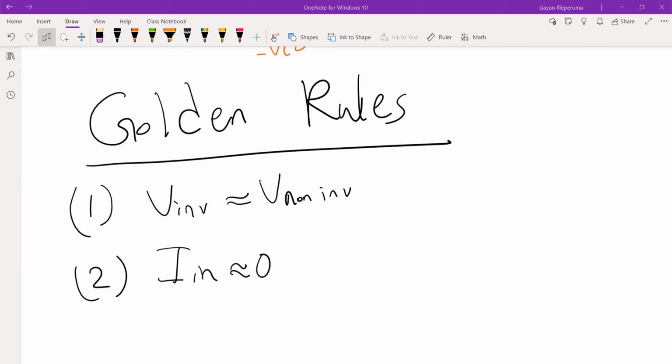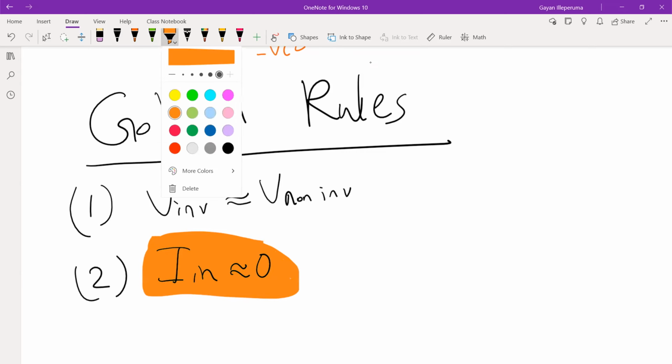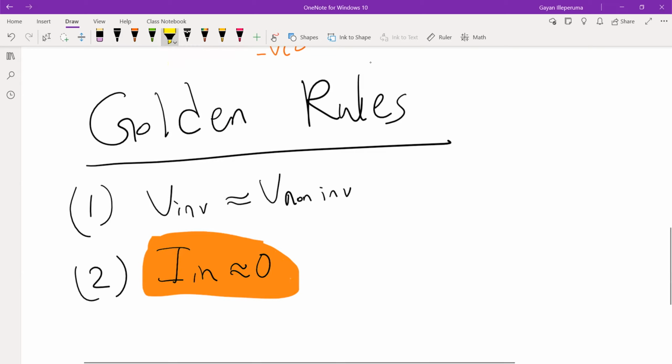Anyone have any other suggestions about these things? Right, this one, okay. Input doesn't draw any current or emit any current, or it's almost negligible. But this one is only partially correct.